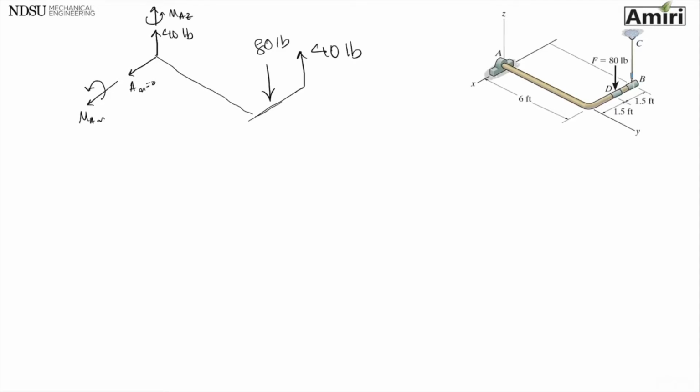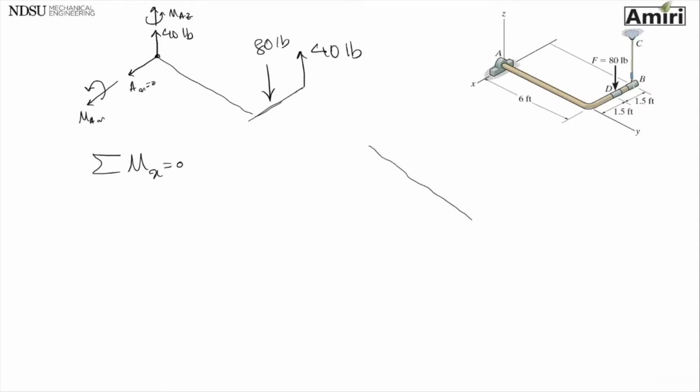So let's look at the summation of moments about the x-axis being 0. Anything that is trying to rotate my beam about the x-axis. AX and that 40 pounds, which was AZ, they're not creating any rotation. But look at these two, the 80 and the 40.